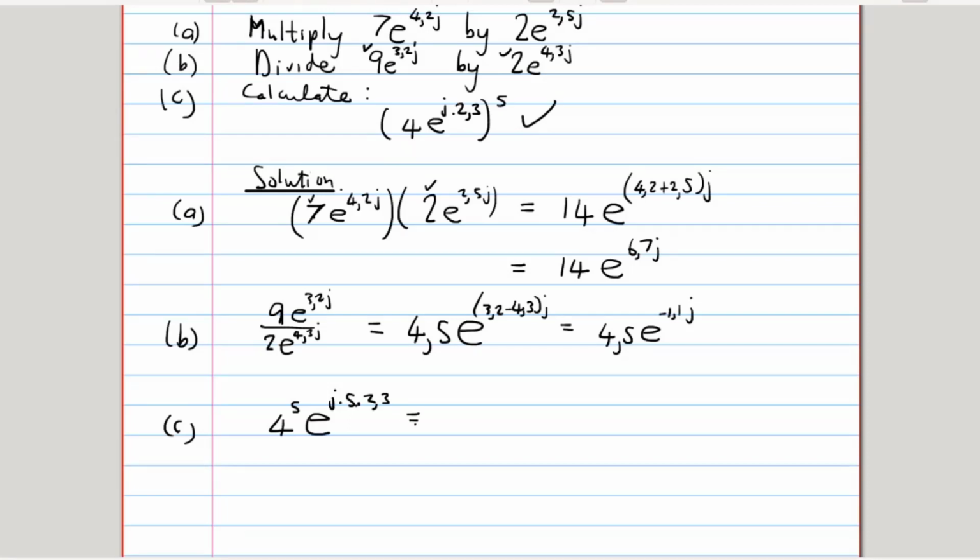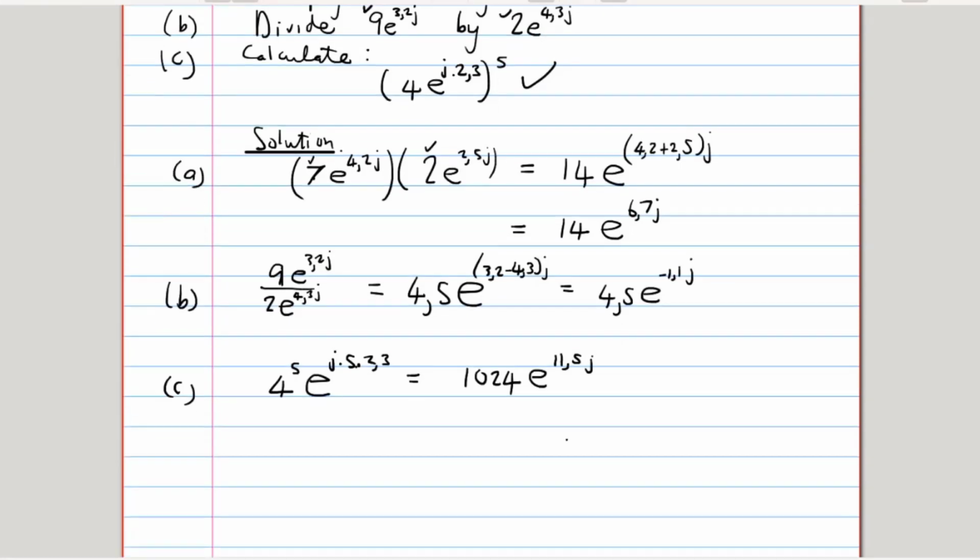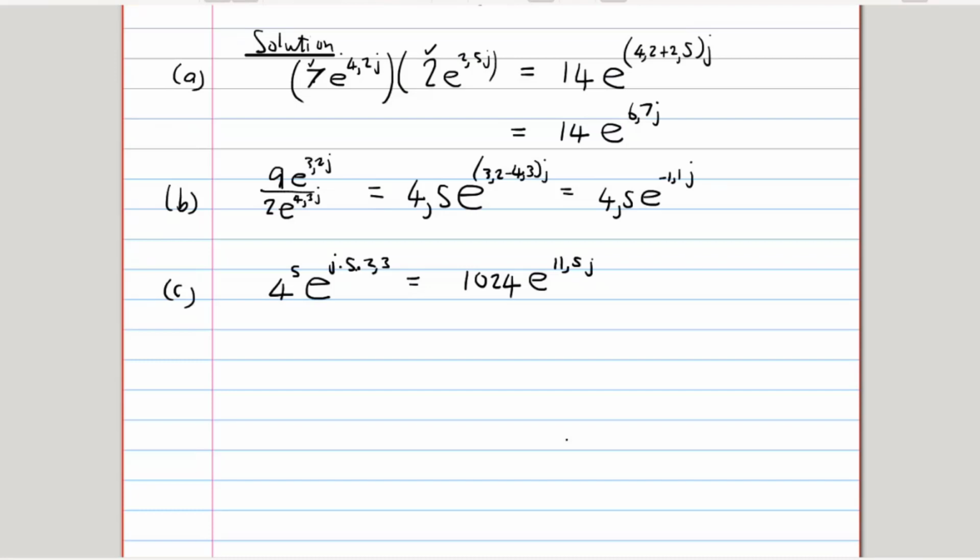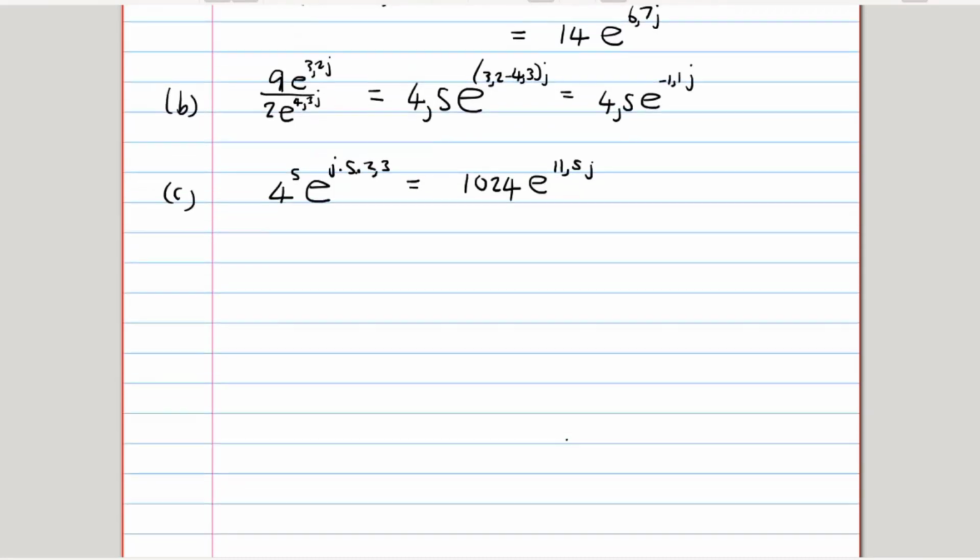And then, well, that's 1024, and then that is e to the 11.5j. Okay. So those are basically straightforward, and the exponential form is very nice because you just use those laws of exponents easily. It's a very quick way of writing down a complex number. Okay, right.